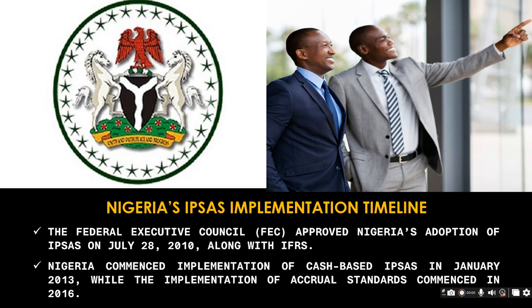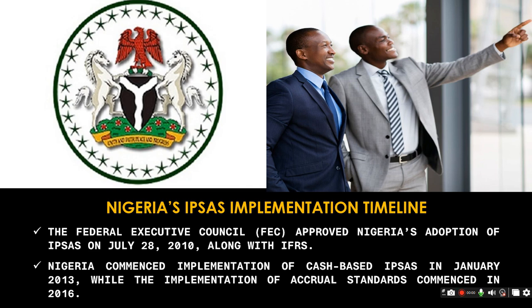The thing is this: when IFRS was being implemented, there were regulators that insisted on the implementation of IFRS for private sectors. So these regulators prescribed penalties for those who default.